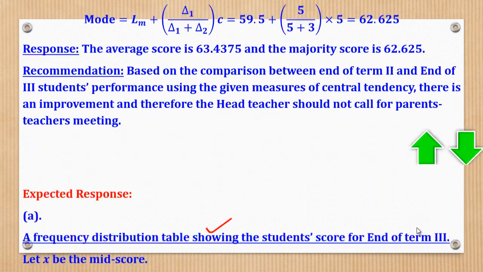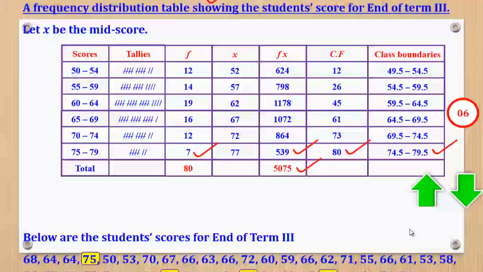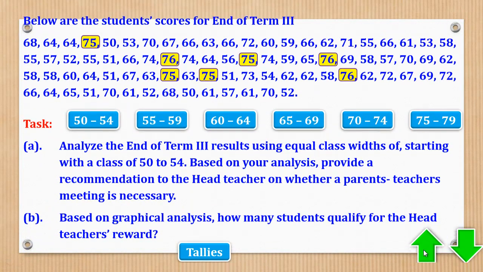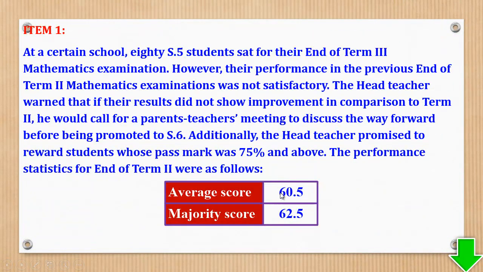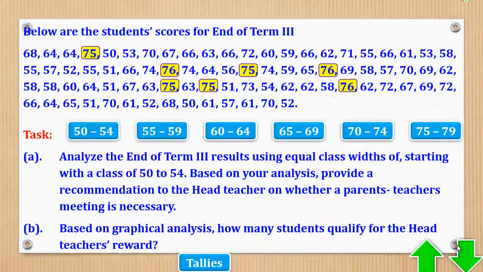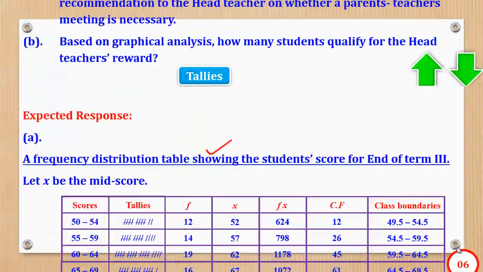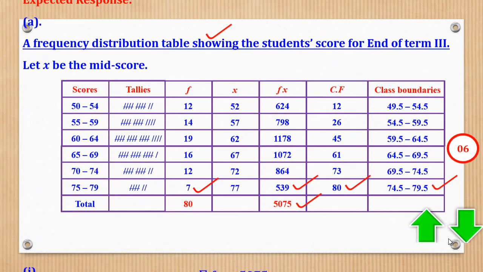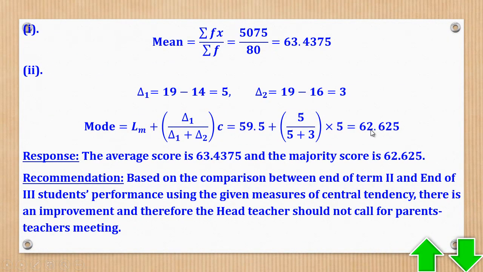For term 2, it was 60.58, the other one was 63 point something. Then this one was 62.5. What about the other one was 62.6? Do you see that? 62.6, meaning that there's an improvement. So there is no need to call for a parents-teachers meeting.